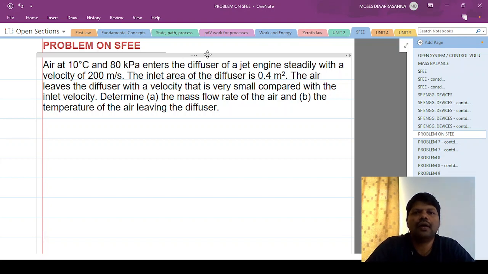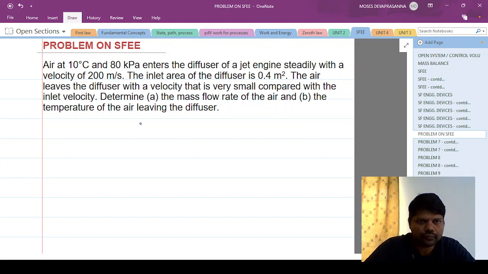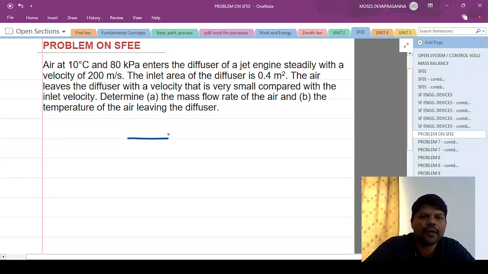Diffuser is a component where the flow velocity decreases and the pressure increases. So let me draw a simple sketch of a diffuser. Normally a diffuser will have less area at the inlet and more area at the outlet.